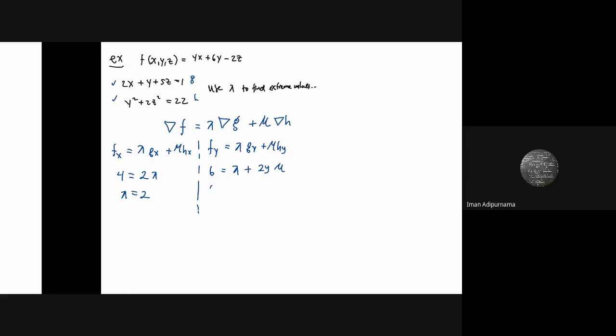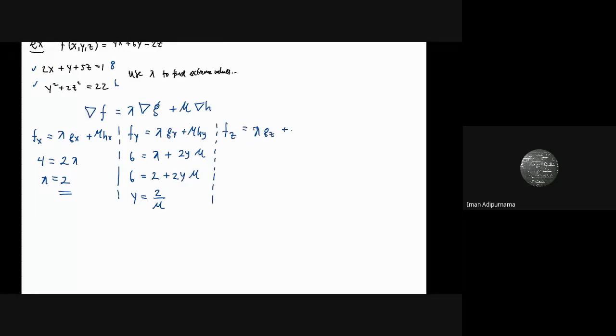The third one, for z is -2. It's 5 lambda plus 4z mu. Lambda is 2, so this is 10.